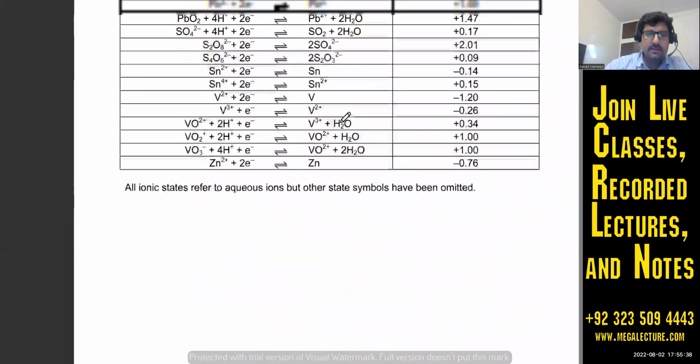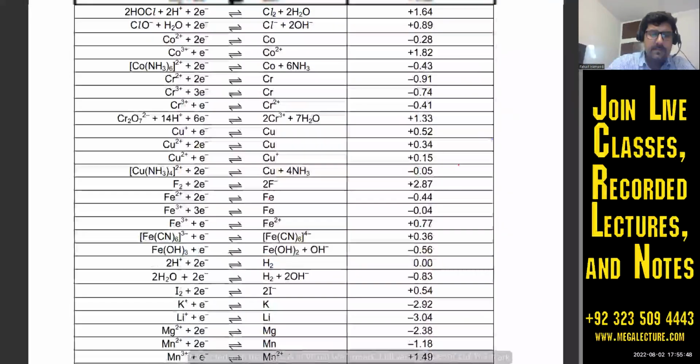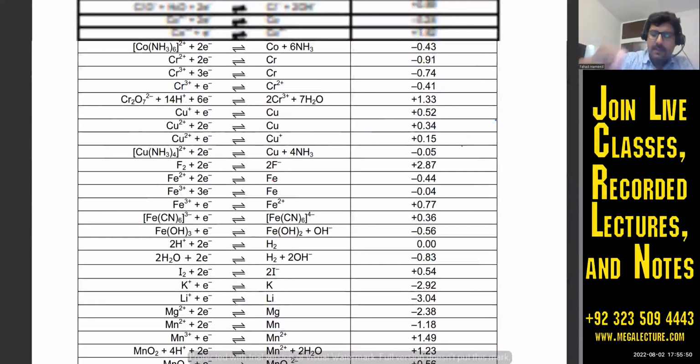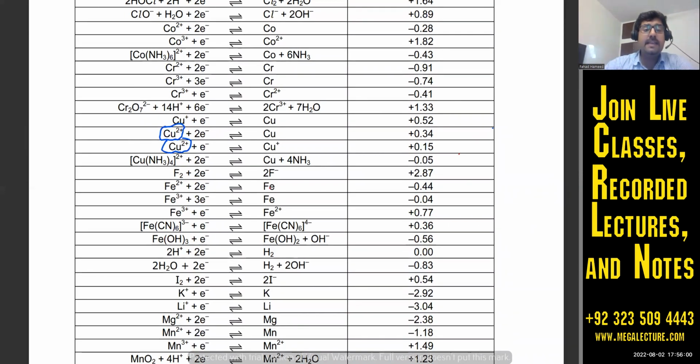Copper is somewhere. Let me scroll. Copper is here. So I've got two equations for copper. If you look carefully, I've got copper 2+ and there are two of them. Copper 2+ can either gain 2 electrons or it can gain 1 electron.